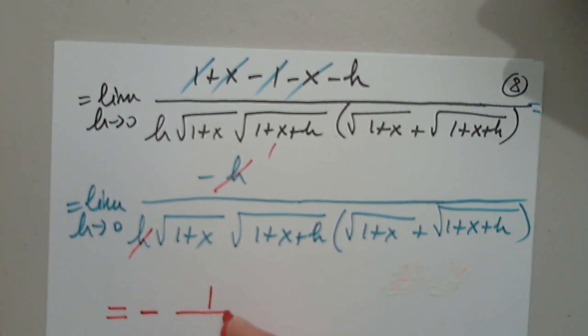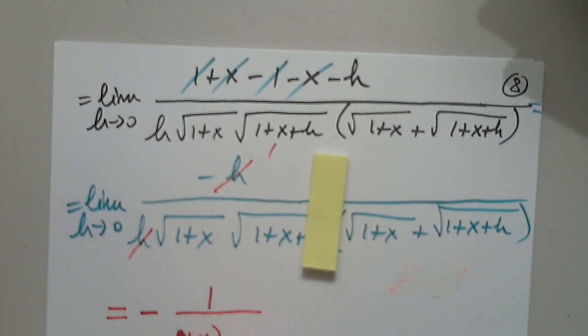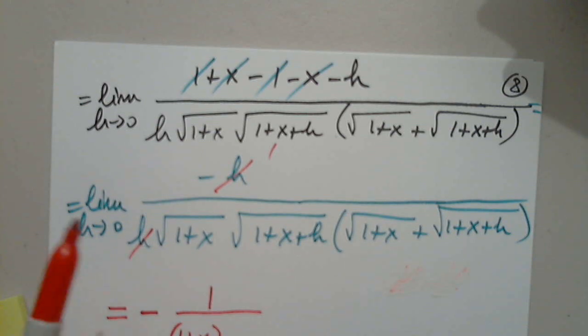Negative 1. Oh, I dropped the negative one. Negative 1 over 1 plus x squared. Careful. It's the square root. Square root. 1 plus x. Because the square root of 1 plus x plus the square root times the square root of 1 plus x is 1 plus x. And now let's see what we have left from here.